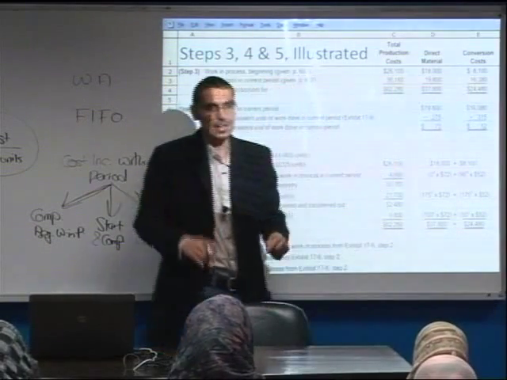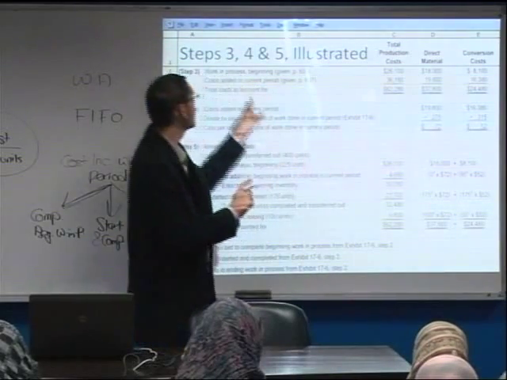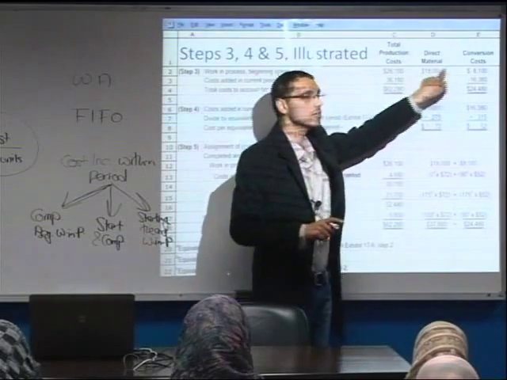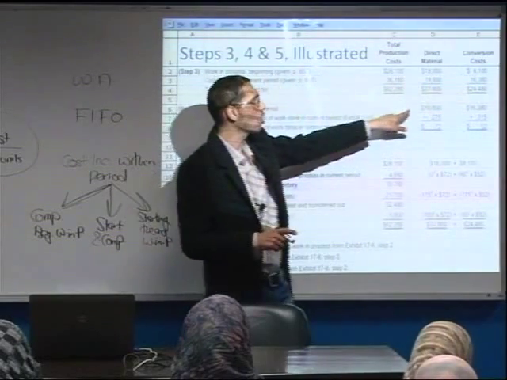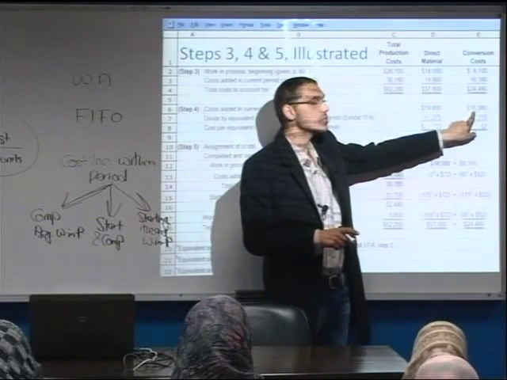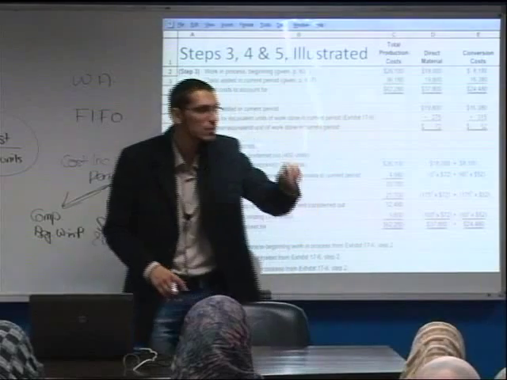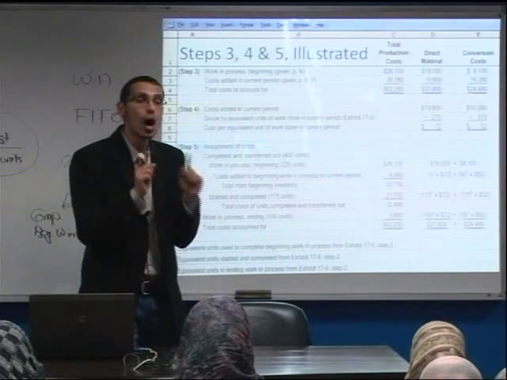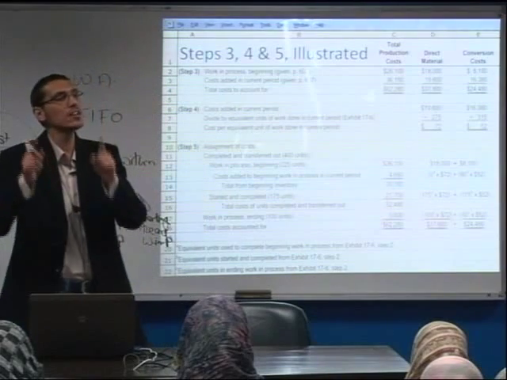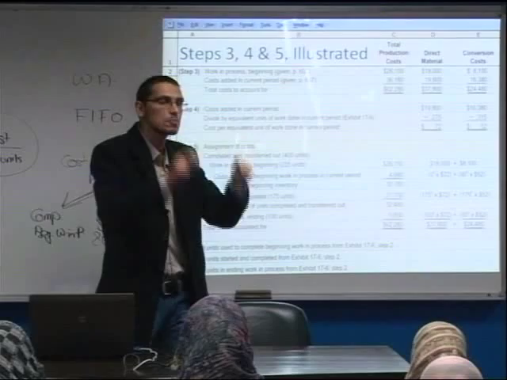But in this case, according to the first in, first out method, we are only going to use the costs that are added within this period. Therefore, we are going to divide the 19,800 and the 16,380, which are the costs incurred within this period. That's why we have calculated the equivalent units for the work done within this specific period.